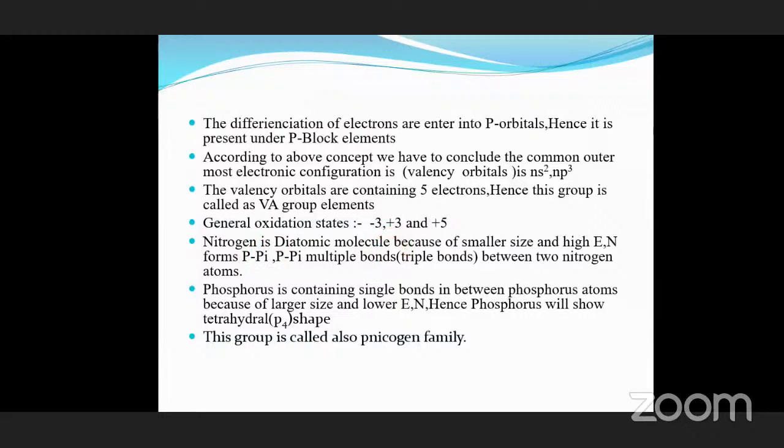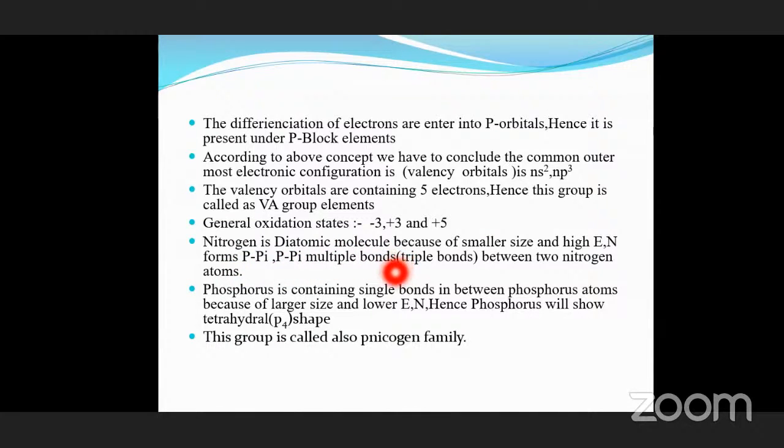Then nitrogen is a diatomic molecule. You already know that generally we recognize nitrogen as N2. N2 means nitrogen is acting as a diatomic molecule because of its smaller size and high electronegativity, and it forms p-pi multiple bonds.